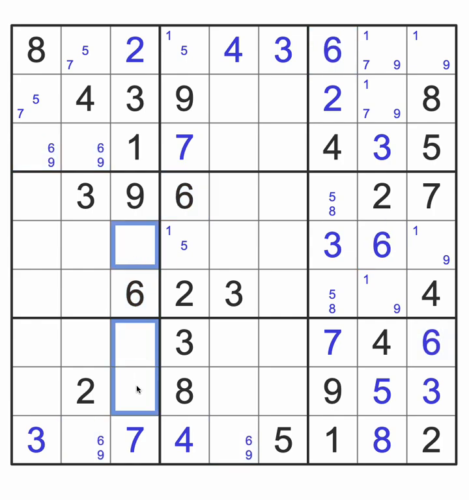And now looking at this column, which is missing 4, 5, and 8. 5 and 8 here blocks this cell. Gives me 4 here. Okay, I thought it was going to give me 4 in here, but apparently not. 1, 4, 5, 8.